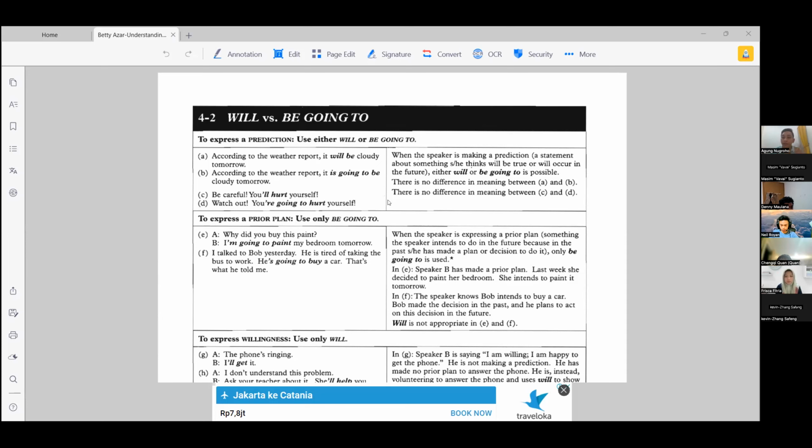If you say this, it means you are very sure that Manchester City is going to win. Not prediction anymore. You could be wrong, but you feel very sure and confident. So to express a prior plan, be going to is preferable. Okay.